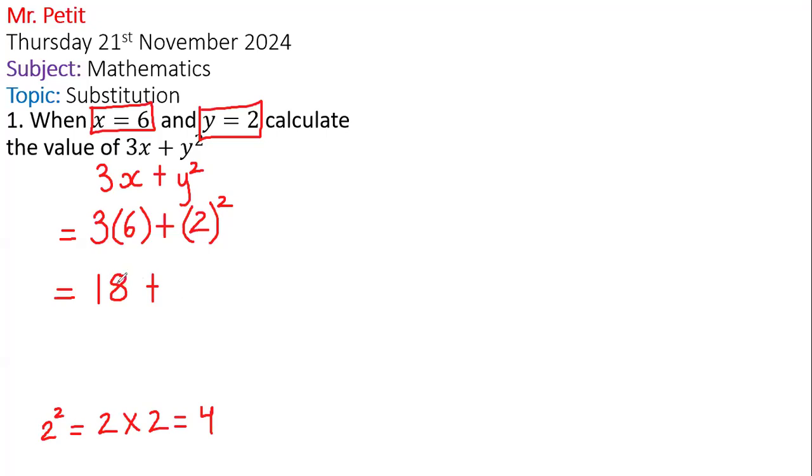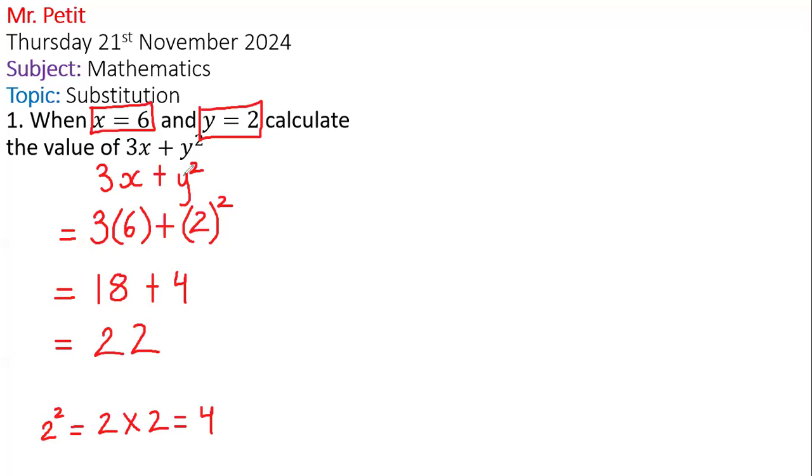So it's going to be 18 plus 4. And 18 plus 4 is 22. 18 plus 4 is 22.